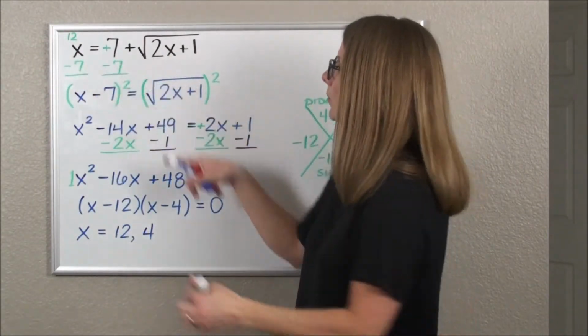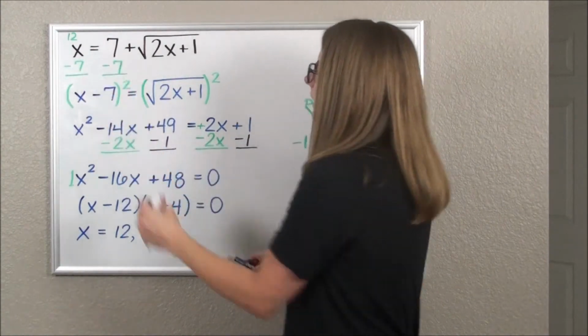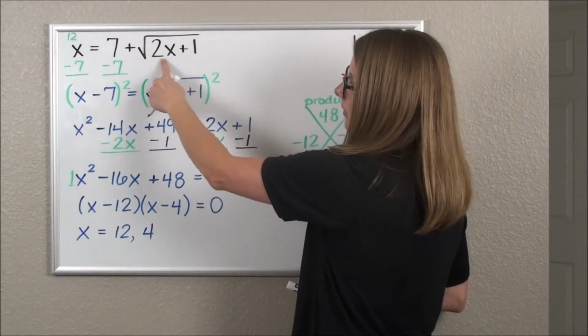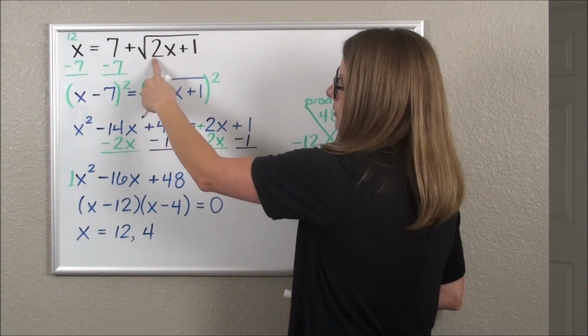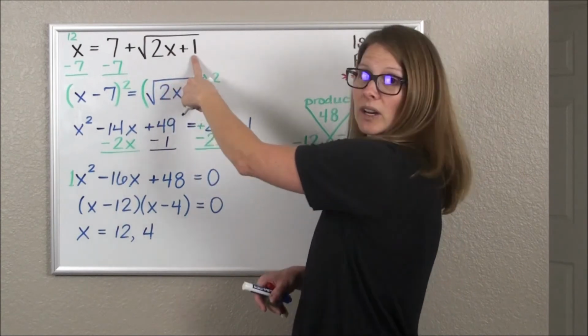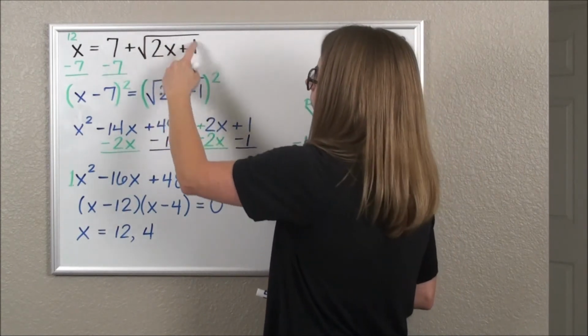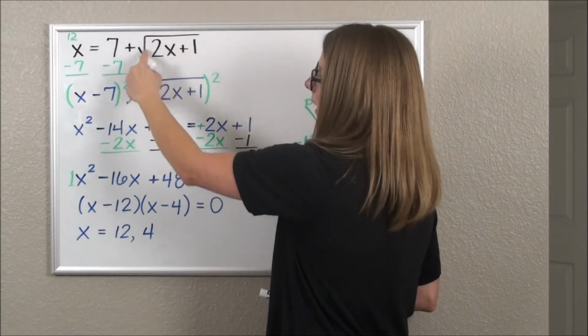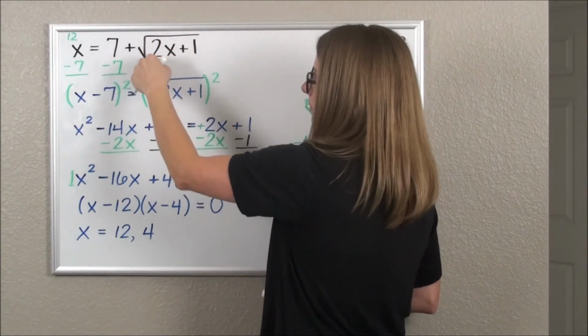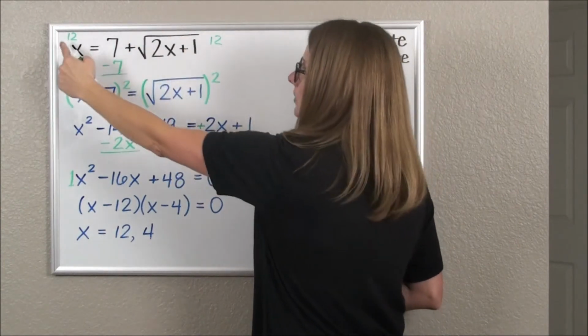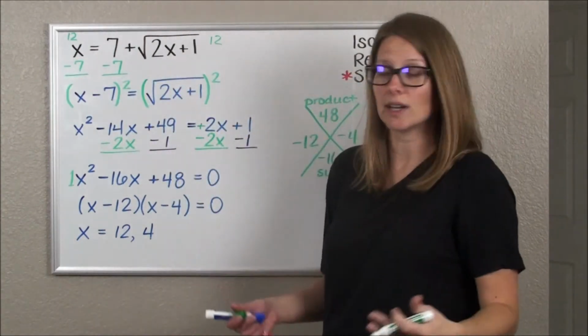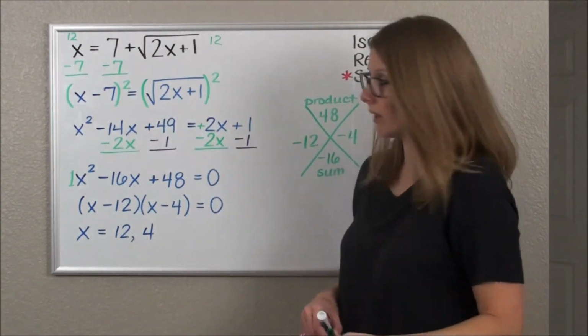Let's check and see what the right side says. Plugging in a 12 for x, 2 times 12 is 24. 24 plus 1 is 25. And the square root of 25 is 5. 7 plus that 5 is 12. And so 12 equals 12 is a true statement. I will keep the 12.